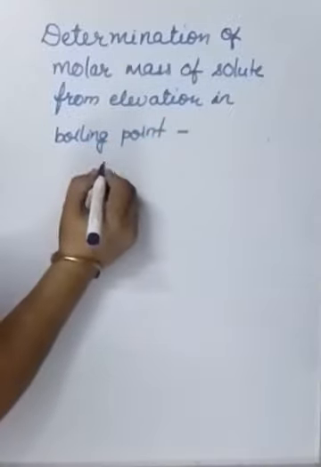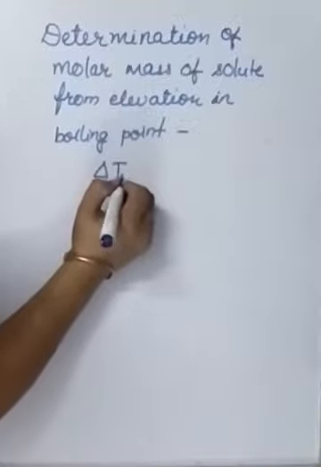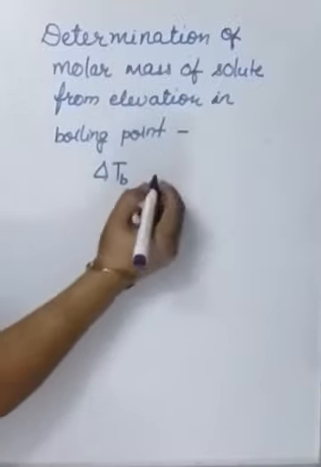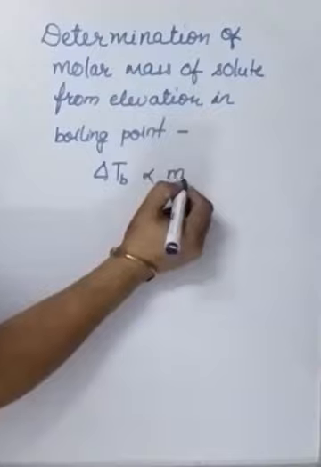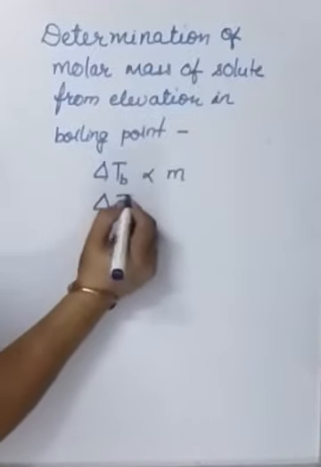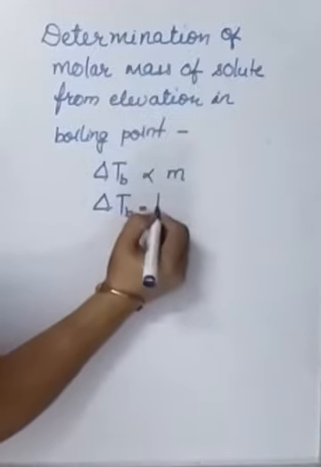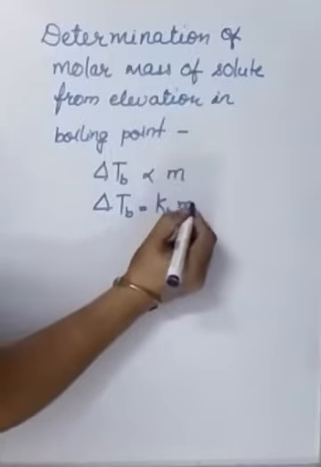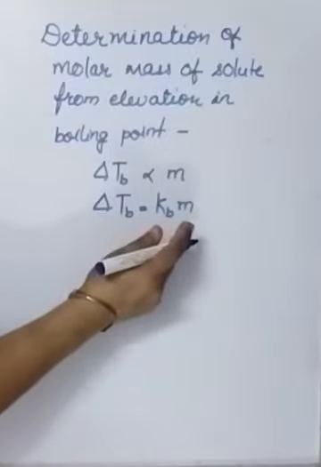Now since del Tb, the elevation in boiling point, is directly proportional to m, on removing the proportionality sign we put the ebullioscopic constant: del Tb = Kb m.